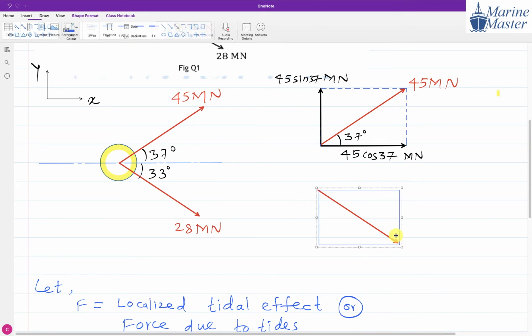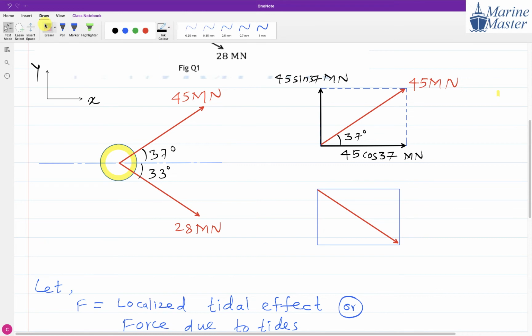How do we get the components? We always form a rectangle, and we make this rectangle dotted. Observe the things here carefully.